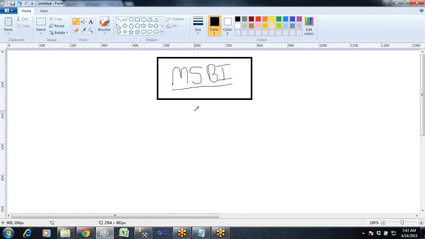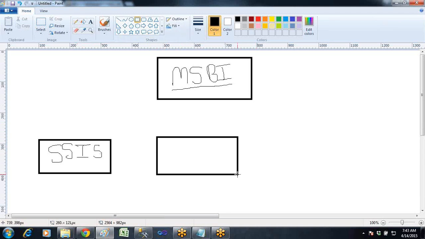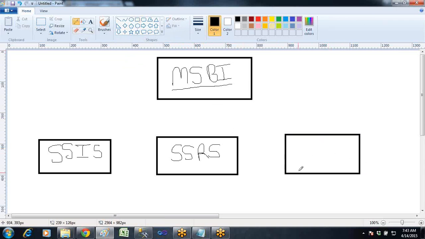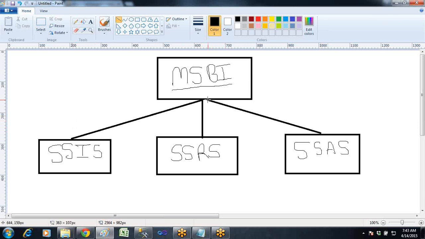The first one is SSIS, then SSRS, and SSAS. So MSBI is mainly having three tools: SSIS, SSRS, SSAS.